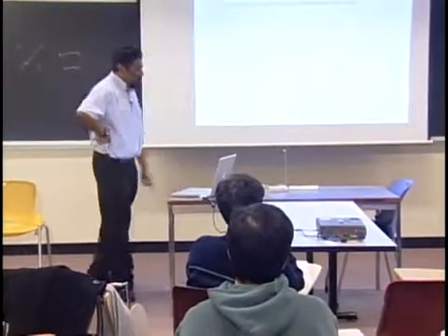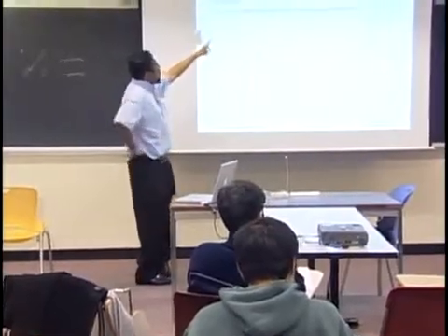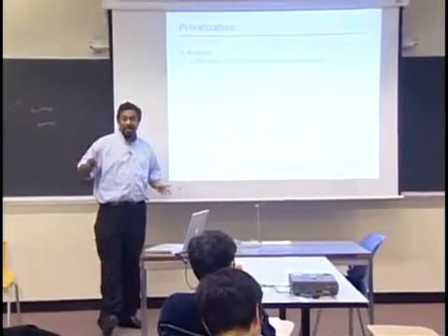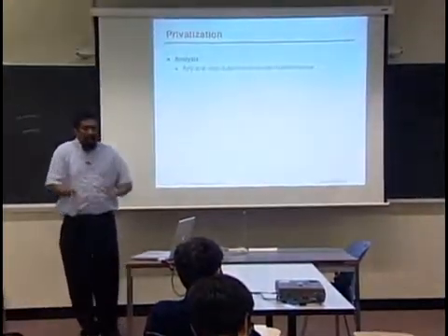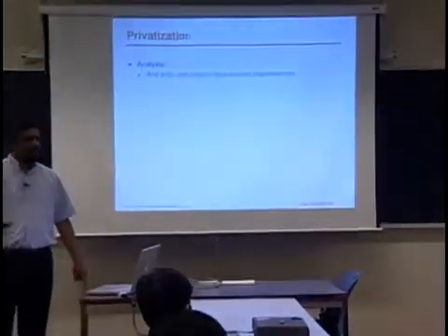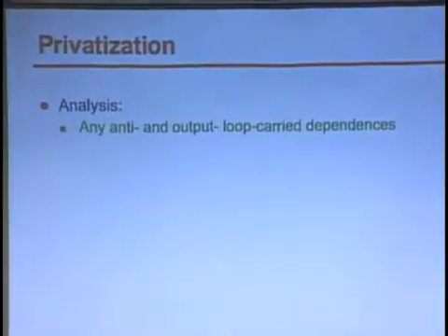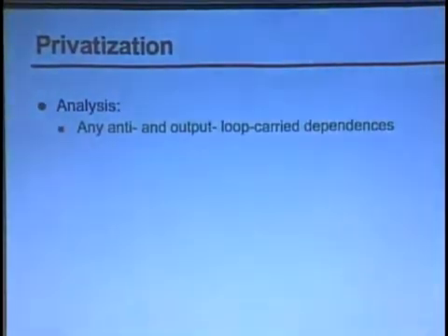If you find any anti or output loop carried dependence, you can get rid of them. I'm not really using that value, I'm just keeping a location in here. So how can we get rid of that? Space for x in each iteration. Yeah, that's one thing. There are two ways of doing that.